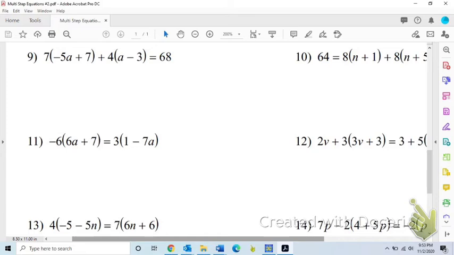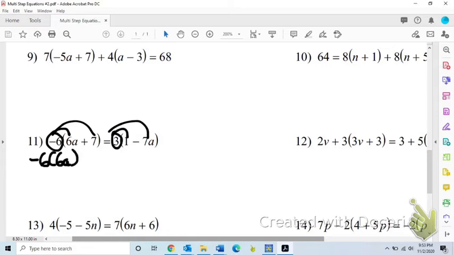Okay, moving on to number 11. So now here we have two multiplications, but they're on opposite sides of the equal sign. So we are going to just do what we know how to do. Distribute that negative 6, distribute that 3.